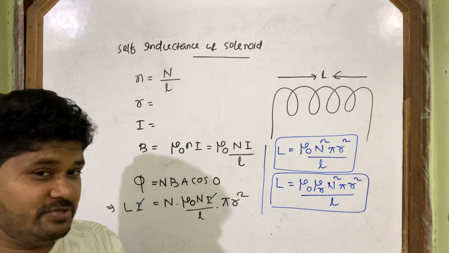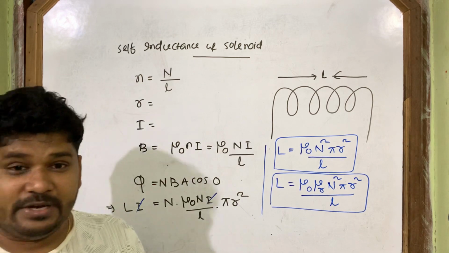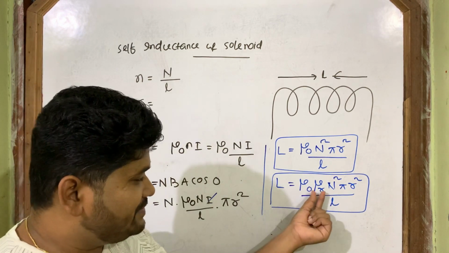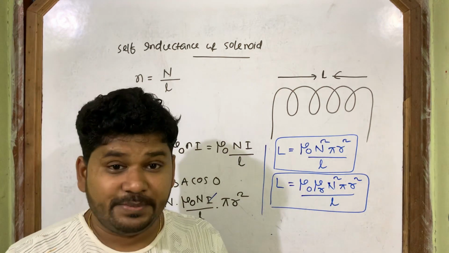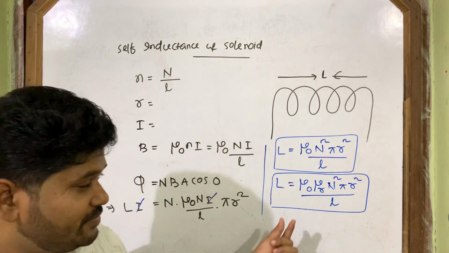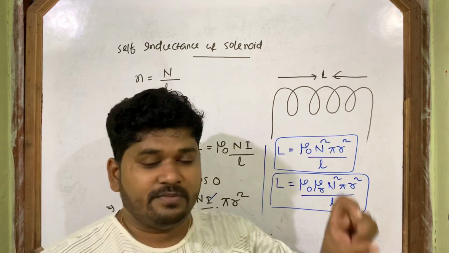And which type of material do we always choose? Ferromagnetic substance. If we take a ferromagnetic substance, mu r is much greater than 1, so self-inductance will increase. If you want more self-inductance, you choose a ferromagnetic material as the core of the solenoid.